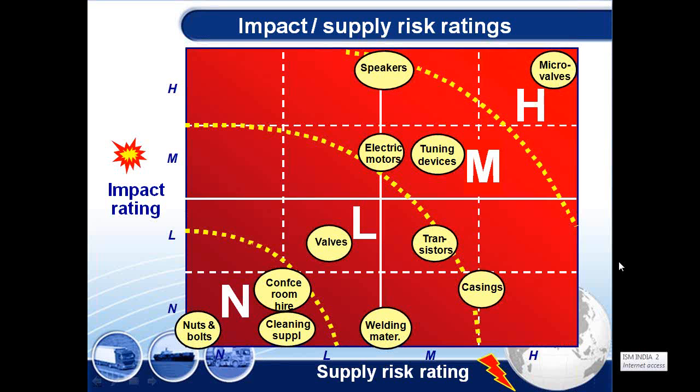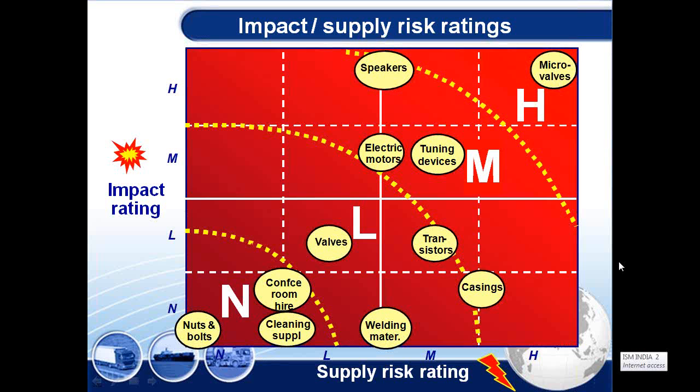So keeping the risk and the impact, all items have been put under categories: H is high risk, M medium risk, L low risk, and N negligible risk. Like nuts and bolts, if one doesn't give, I go to the next one. So my risk is very low, and impact is also low.